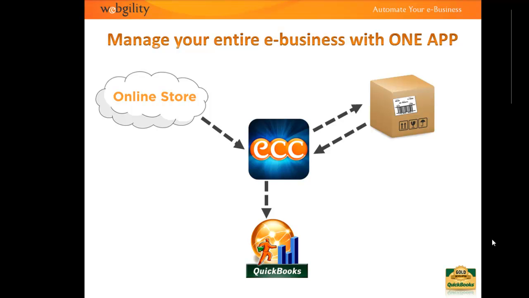And if you're using QuickBooks Shipping Manager, you can also send that type of tracking information back up to ECC. And then, depending on the cart that your client has, it can change the status and even notify the customer and send information back to the online store.